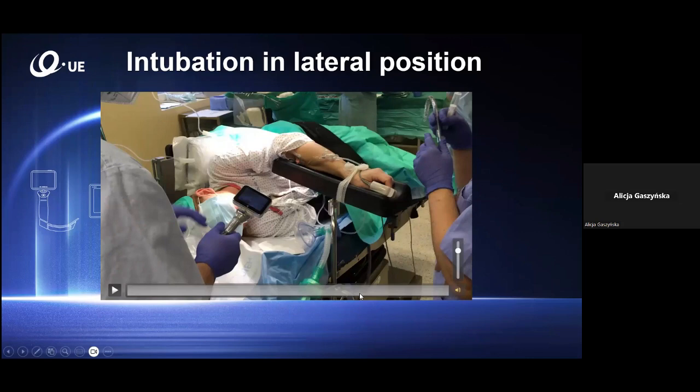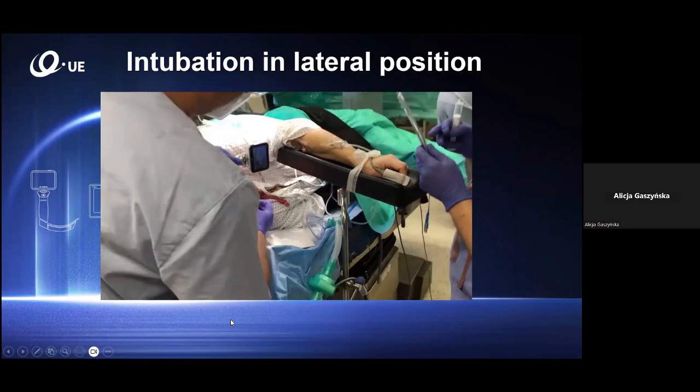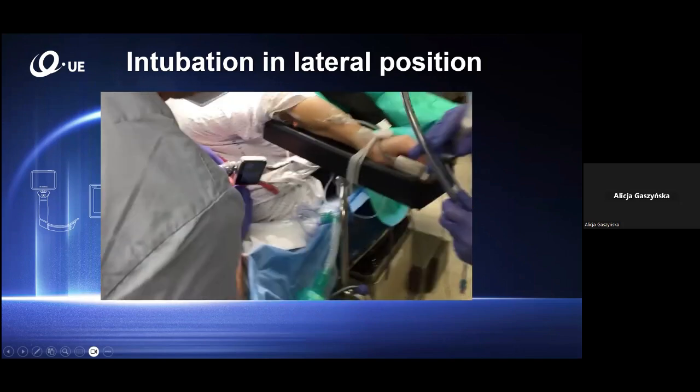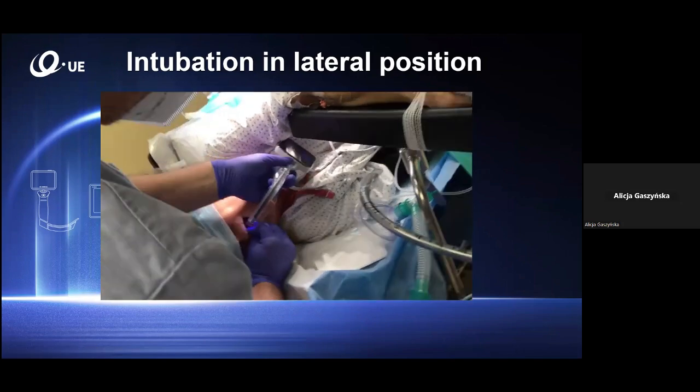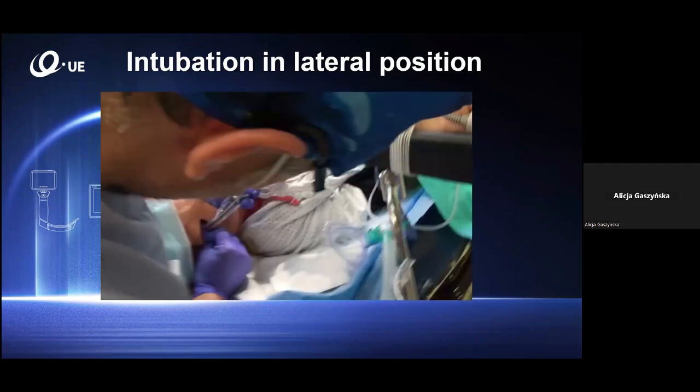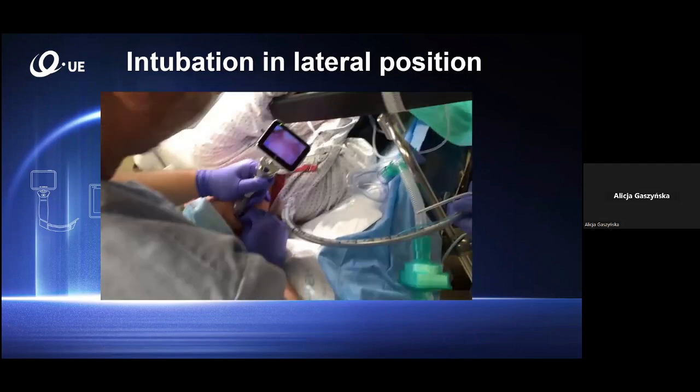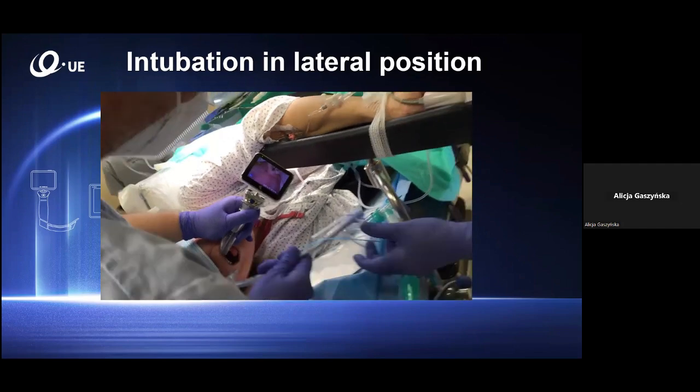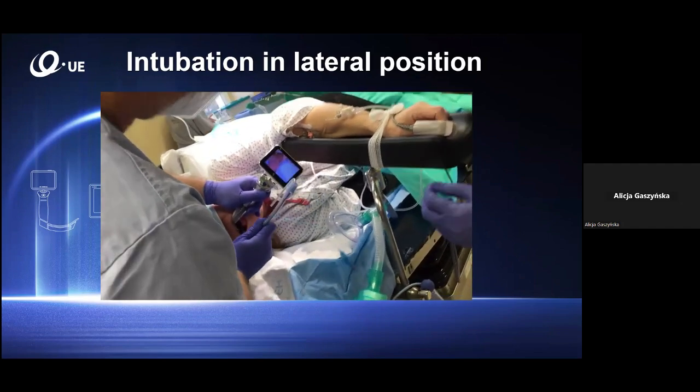Also in patients positioned in different, non-standard positions for the operations, like for a nephrectomy, for example. Usually we intubate those patients in supine position, and then we turn them to the position that is for this operation.